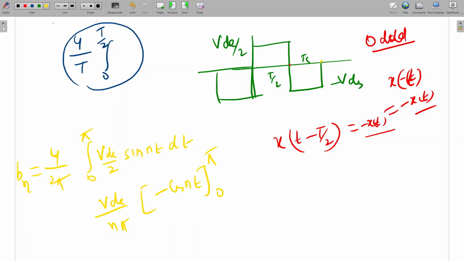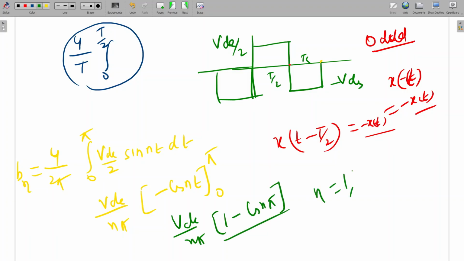Yes, sir, it is correct. So it will be VDC by n pi, 1 minus cos n pi. For n equal to 1, 3, 5 this value applies, and for 2, 4, 6 it will be 1 minus 1, which is 0.